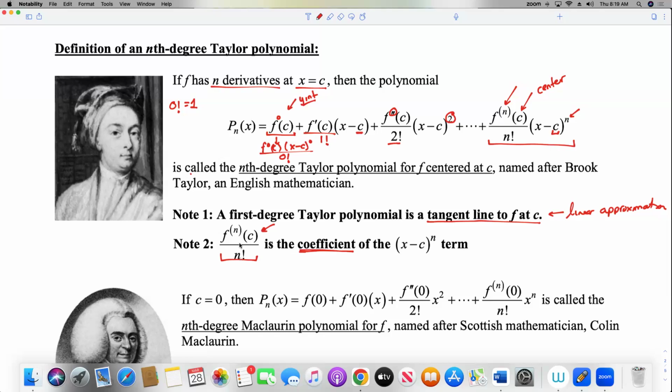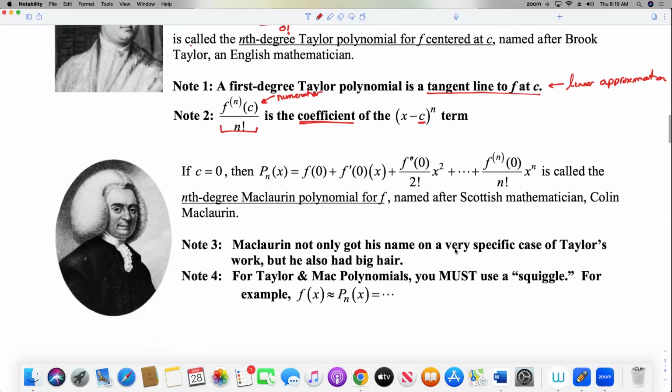This right here is going to be the numerator obtained from the derivative at that center term.